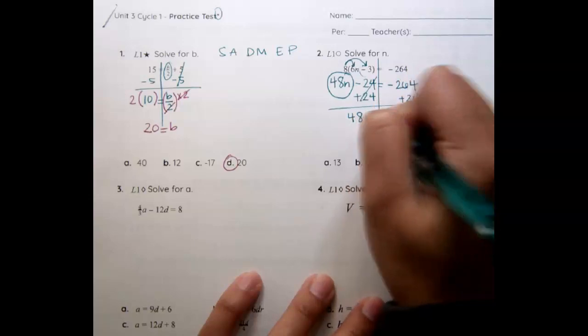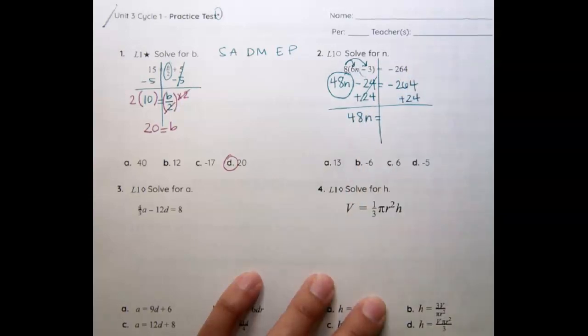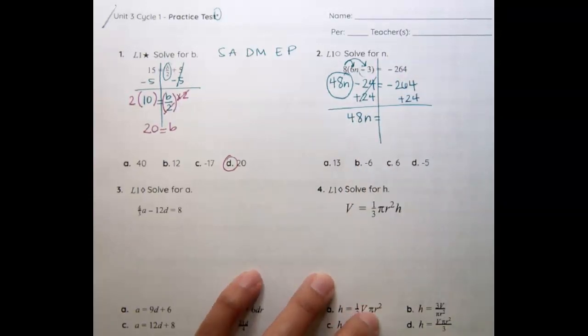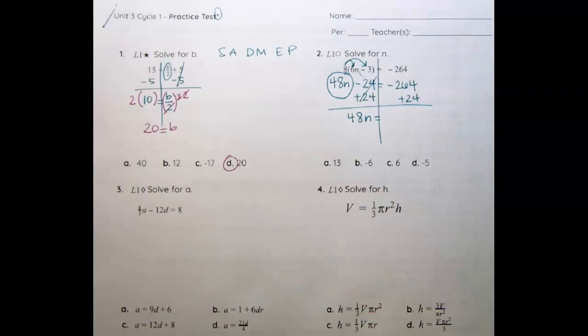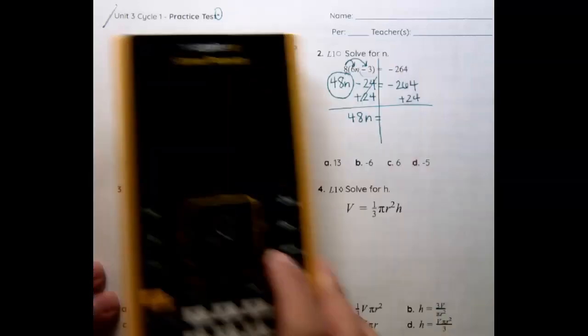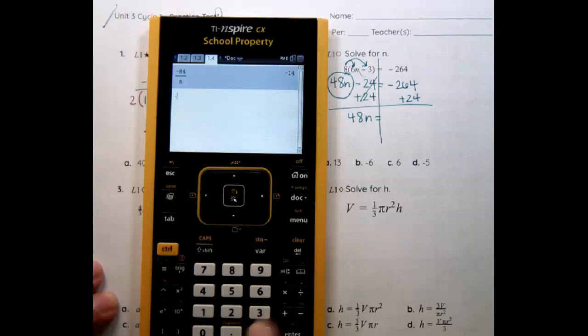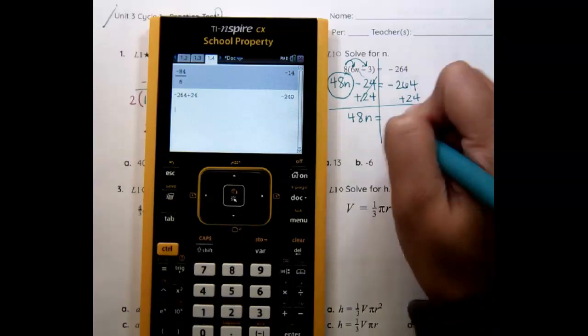So I have 48n equals negative 264 plus 24. So when you are doing these, you need to make sure that you are paying attention to your negatives. Negative 264 plus 24 is negative 240.